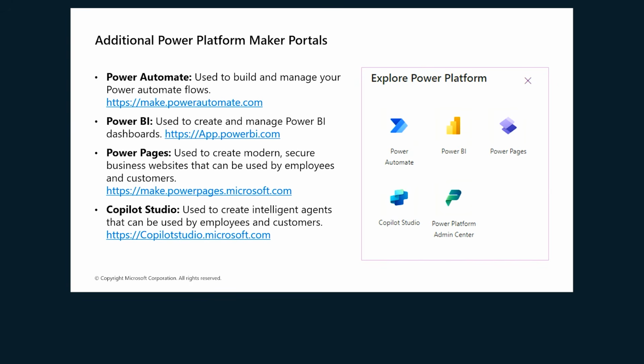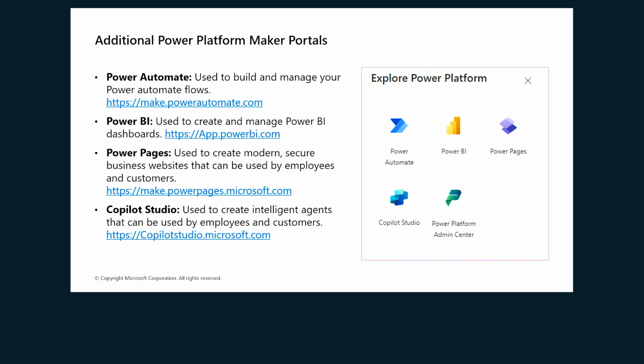Listed here are 4 key portals: Power Automate, Power BI, Power Pages, and Copilot Studio, each designed to empower users to build solutions that enhance productivity, streamline operations, and improve user experiences. These portals are accessible via dedicated URLs and serve as entry points for makers to create, manage, and deploy solutions across various business solutions and scenarios.